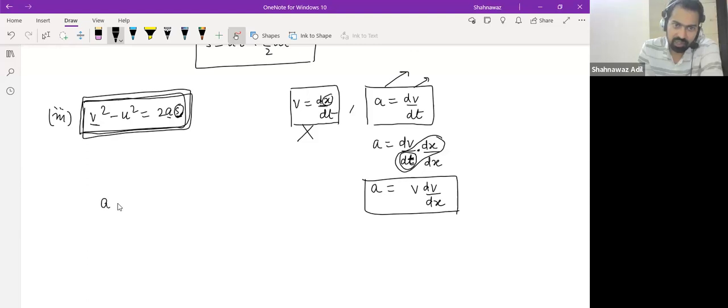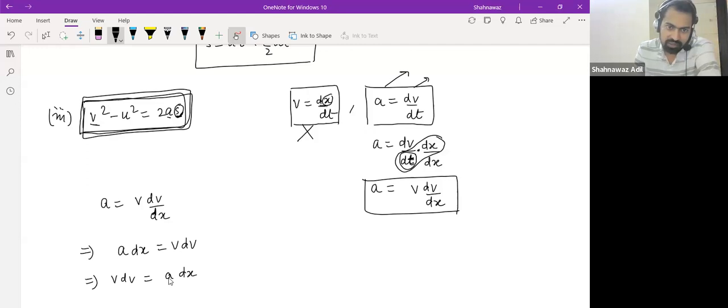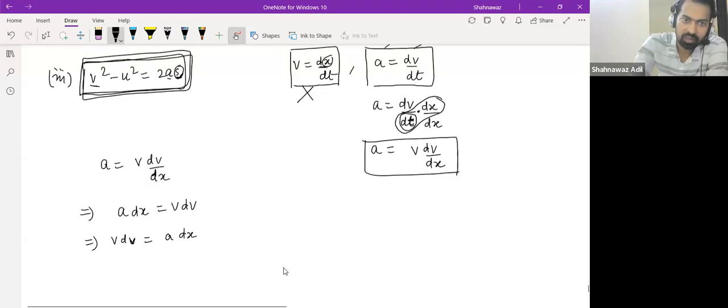So we have a, which is v dv by dx, right? And we put this on the other side. So this is a dx, and this is v dv. So v dv is equal to a dx, right? This is constant, so we can integrate this, and this is a function of v, and the integration is with respect to v. So all things are okay now, right?